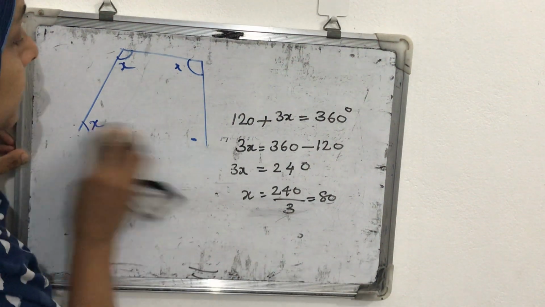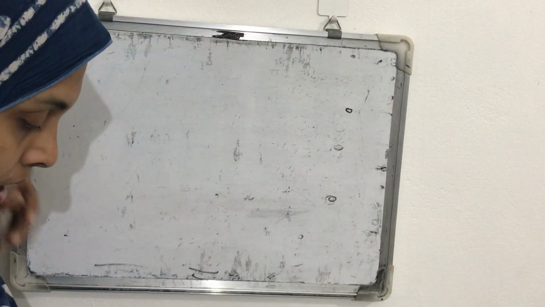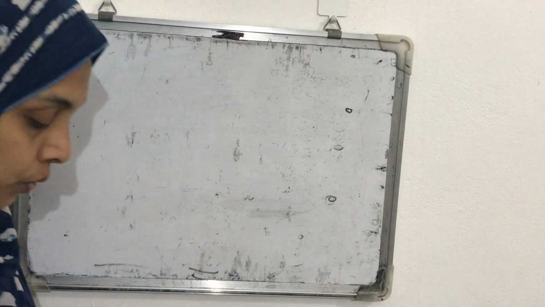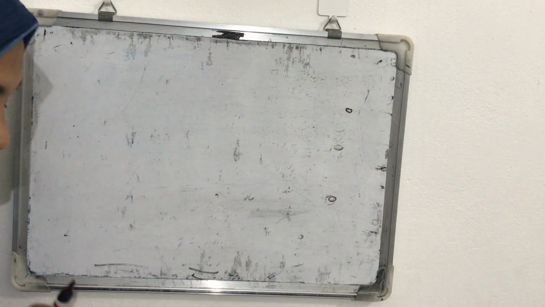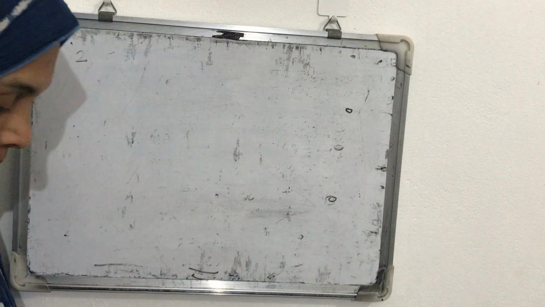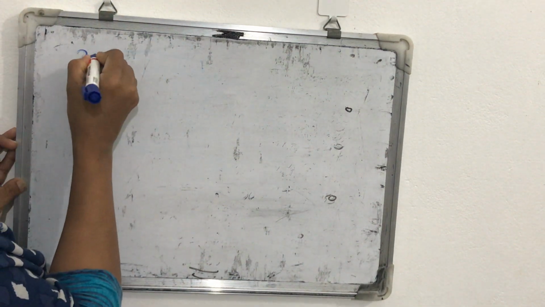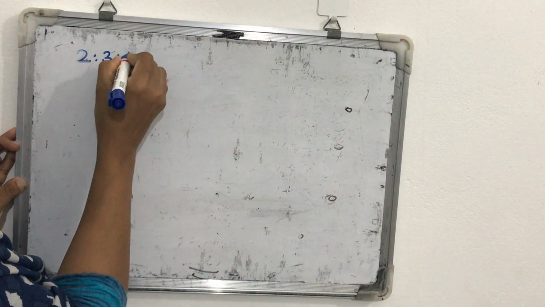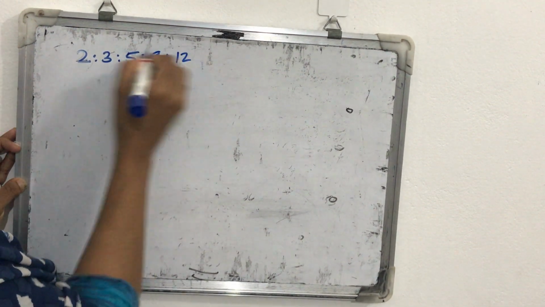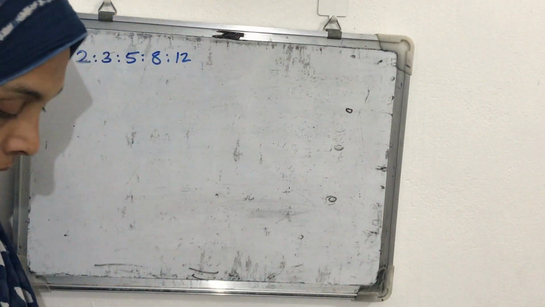Okay, next question. The angles of a pentagon are in the ratio 2:3:5:8:12. These are the ratios of the angles of a pentagon.